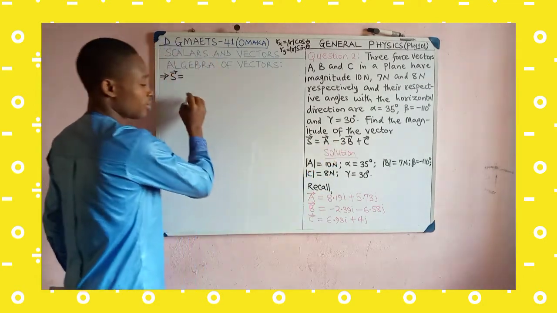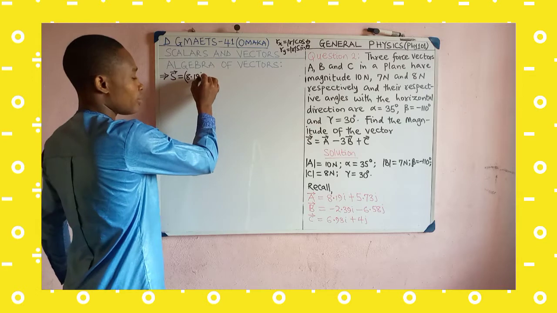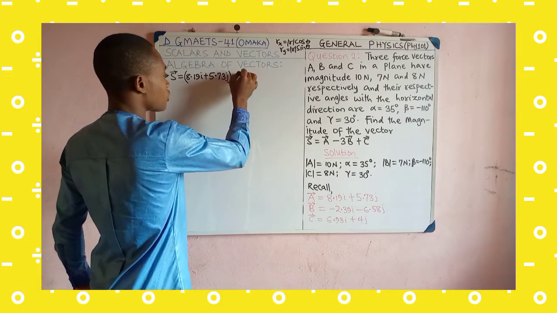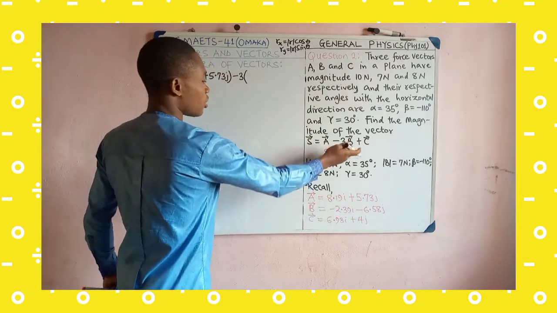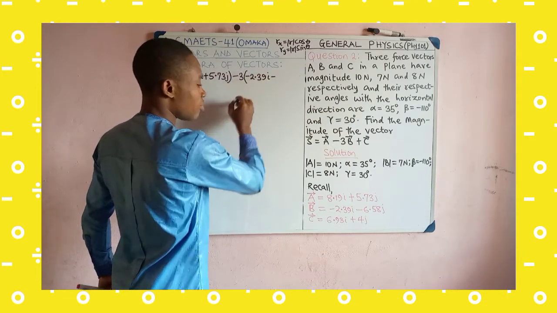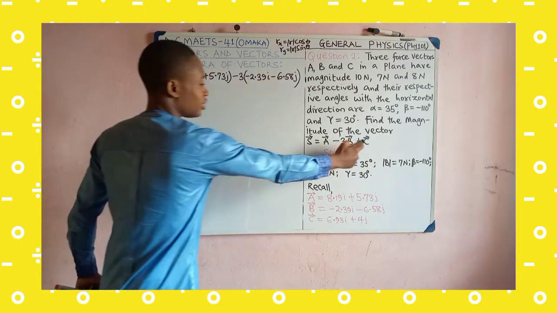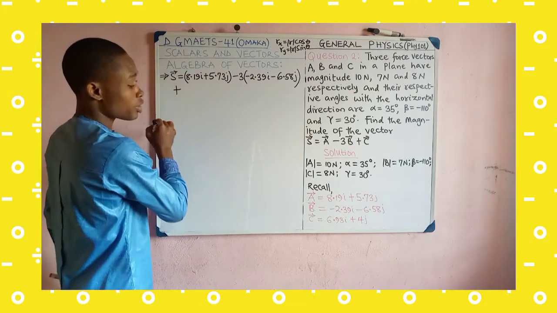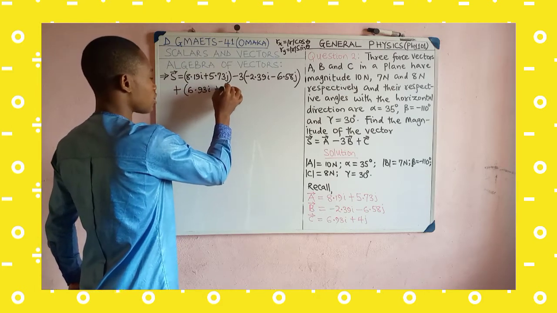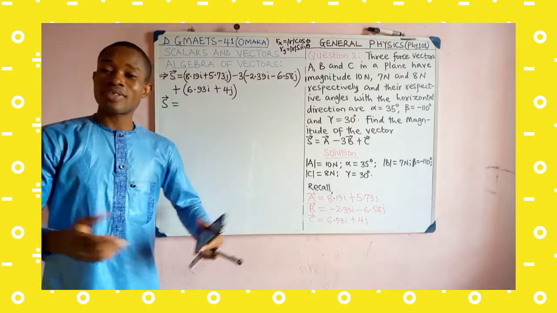It is equal to A, whose rectangular coordinate is 8.19i plus 5.73j, minus 3 times displacement vector B, which is minus 2.39i minus 6.58j, and this is added to displacement vector C, which is 6.93i plus 4j.